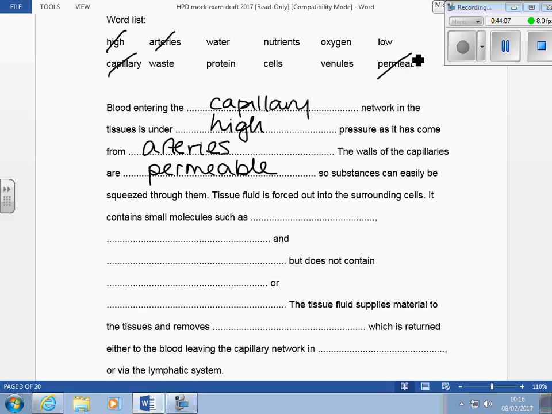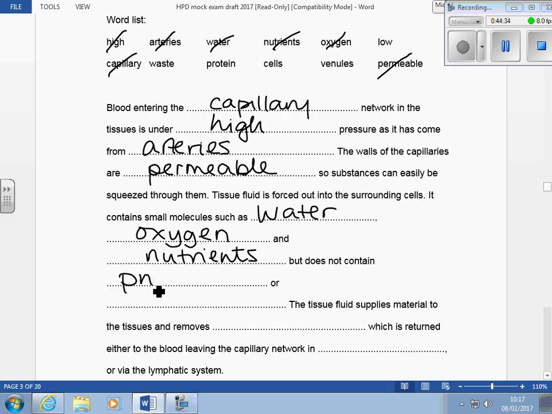It contains small molecules such as water, oxygen and nutrients, but does not contain protein or cells. Too big. And that's a useful overlap with the kidney as well, of course.